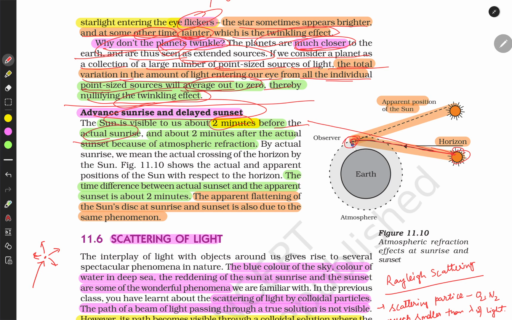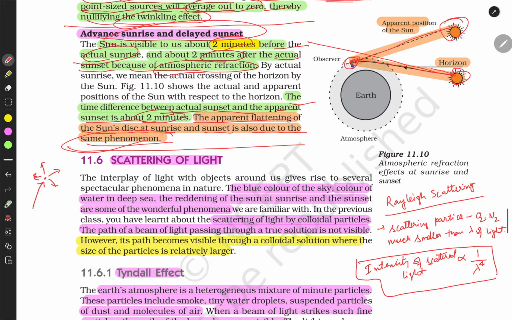When it reaches our eyes, we see the light as here because we see in a straight line. The same holds about 2 minutes after the actual sunset. The time difference between the actual sunset and apparent sunset is about 2 minutes, and the apparent flattening of the sun's disk at sunrise and sunset is the same phenomenon.